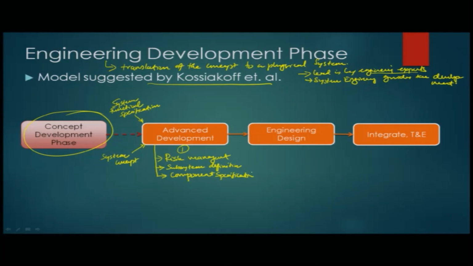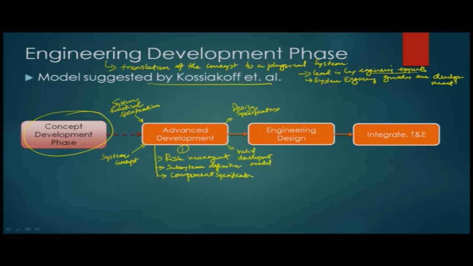So, these three will be the major activities that happen within the system. And as I said earlier, there will be two outputs of this. The first will be the design specifications, and the second will be a valid development model.